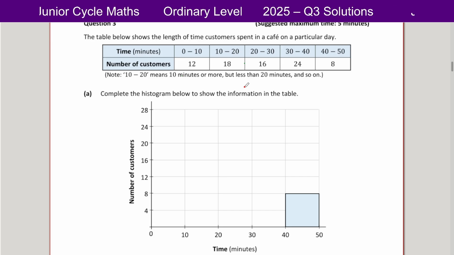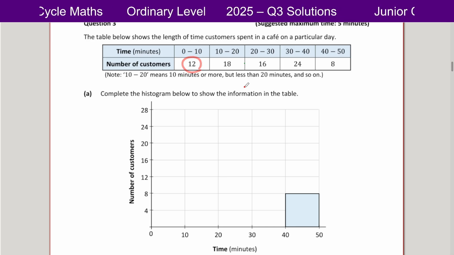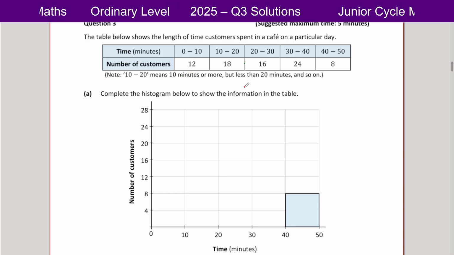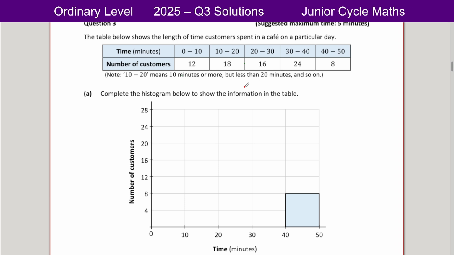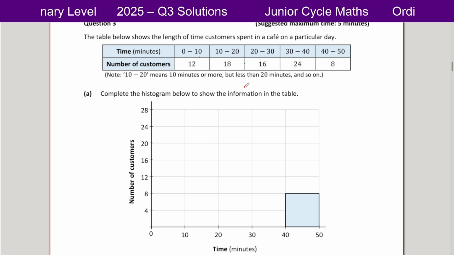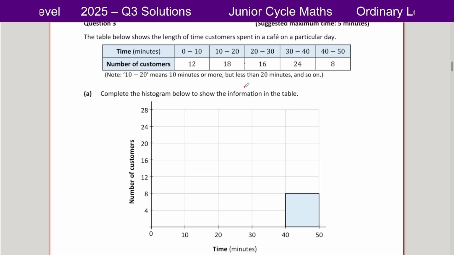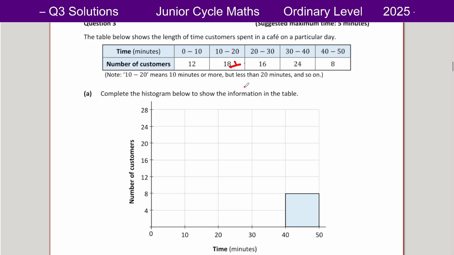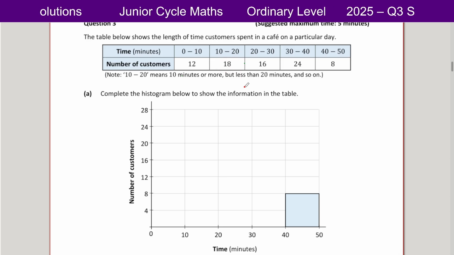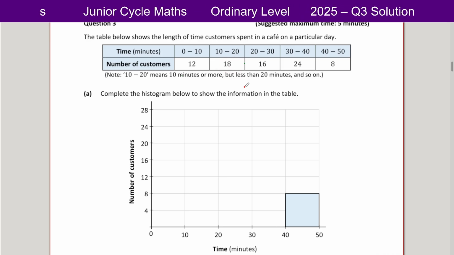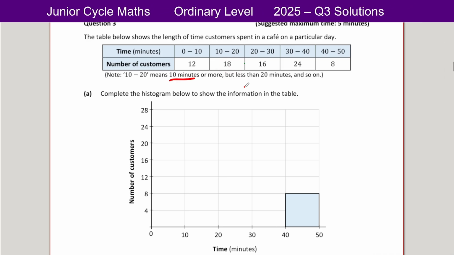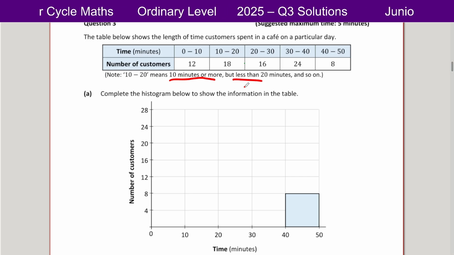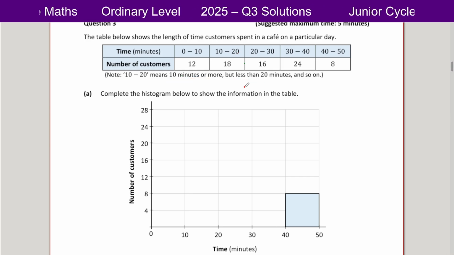For example, we have 12 customers who usually spend 0 minutes or more, but less than 10 minutes in the cafe, and so on for the other intervals. Here we have 18 customers who usually spend 10 minutes or more, but less than 20 minutes in the cafe, and so on for the other intervals.